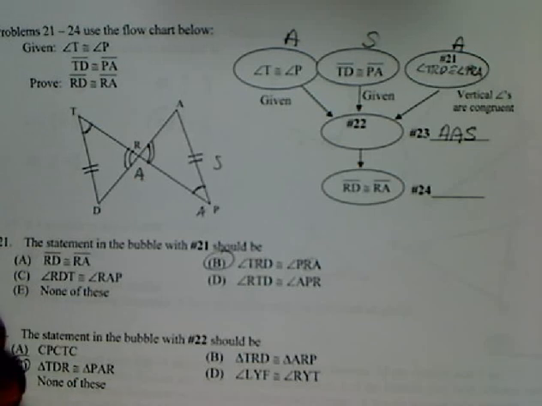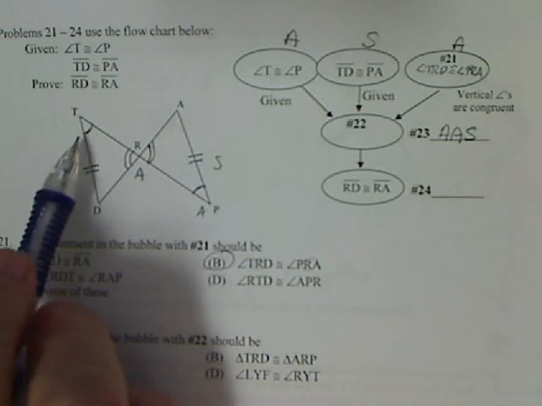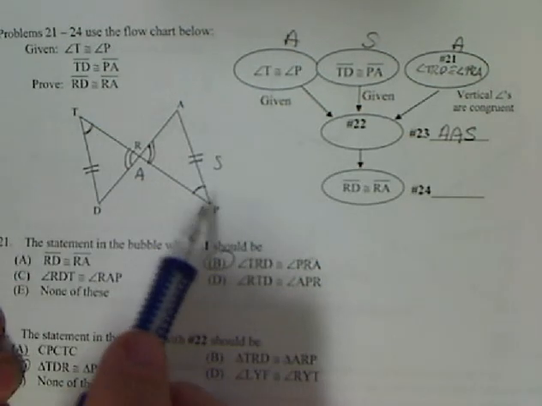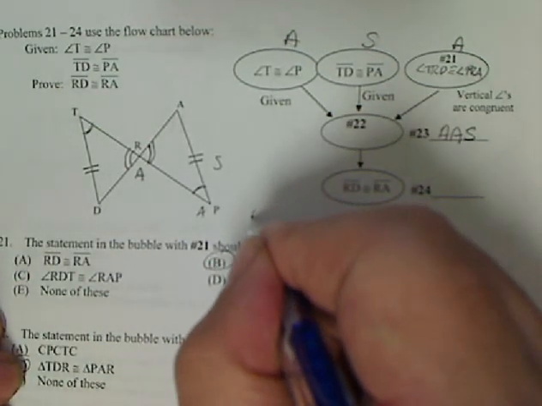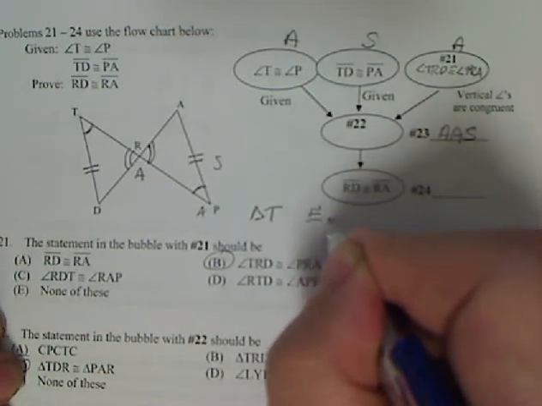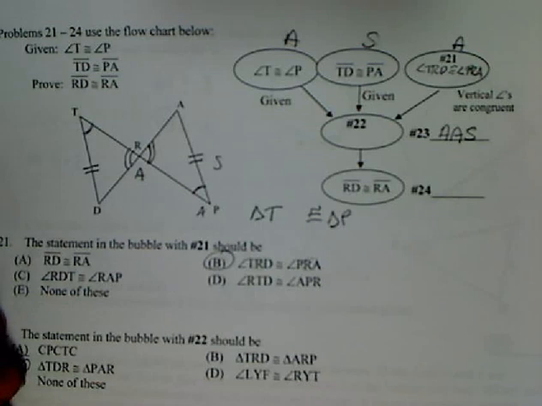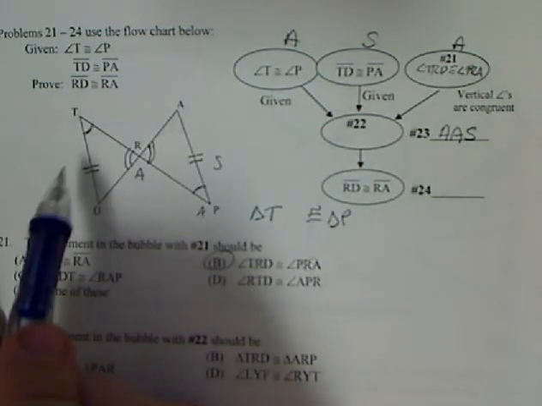For 22, I've got to make sure I get a correct congruency statement. So when I go to do it, I got to make sure that T matches P. So triangle T congruent to triangle P. So I might figure out what I have right here before even looking at what the answer was.